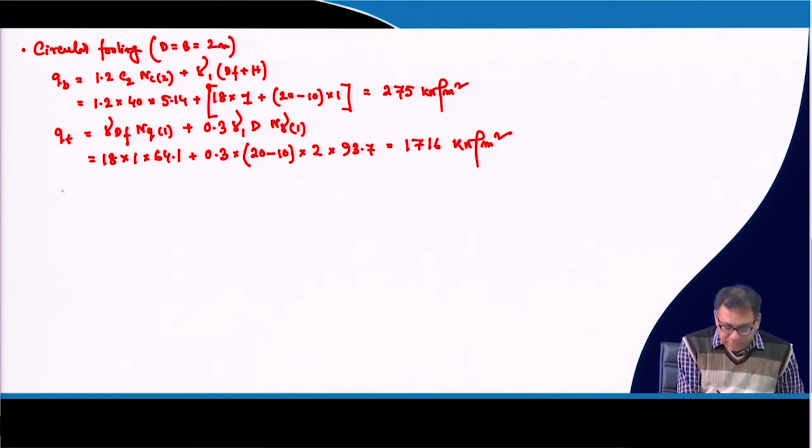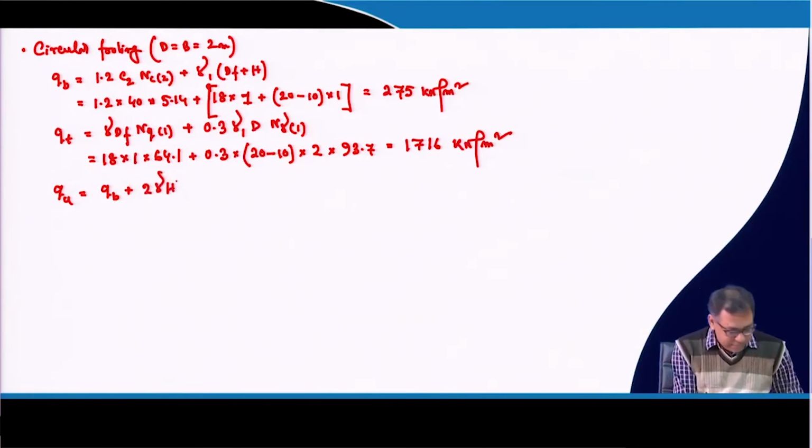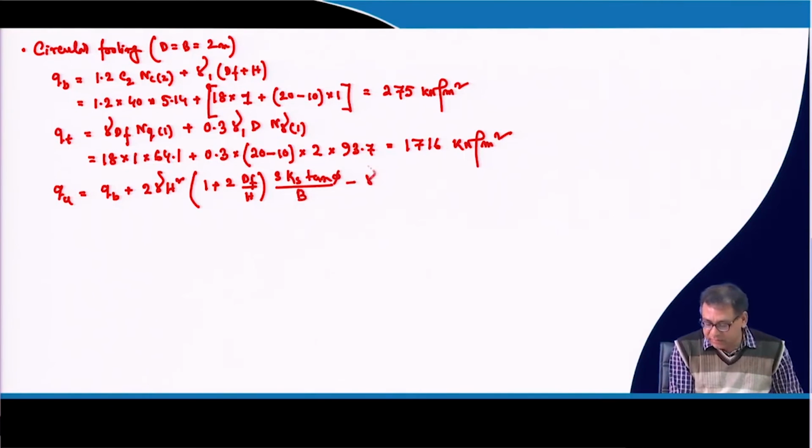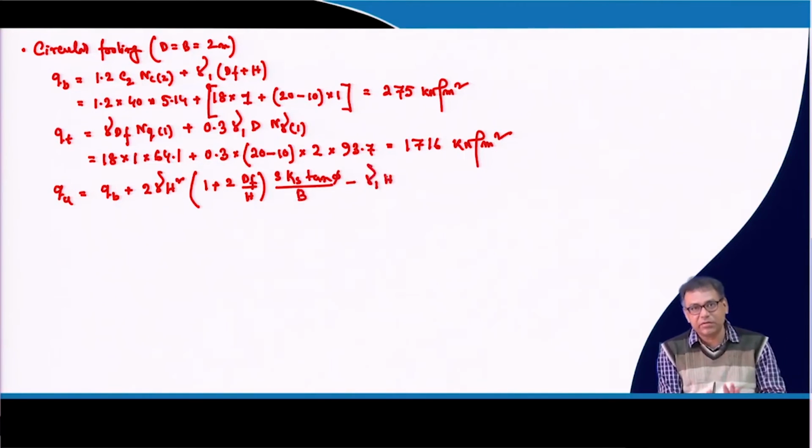Okay. So, now I will calculate the QU, which is QB plus, now this equation is given, 2 gamma H square into 1 plus 2 dF by H into S Ks tan phi divided by B minus gamma 1 H. So, this equation was given in one of the previous classes.